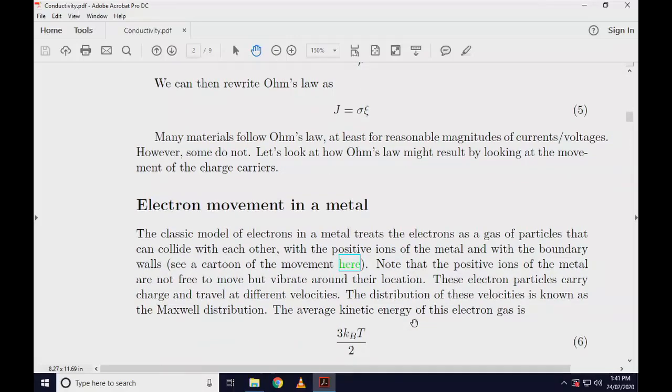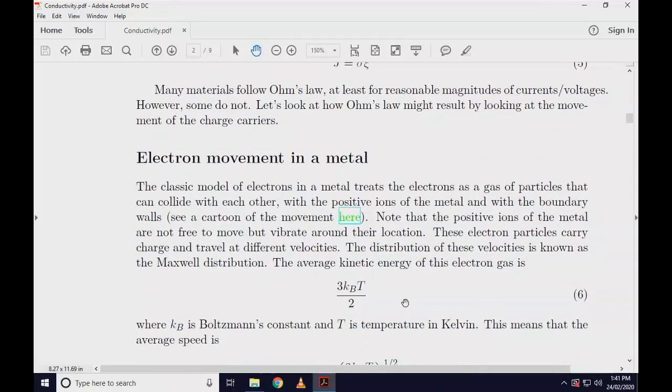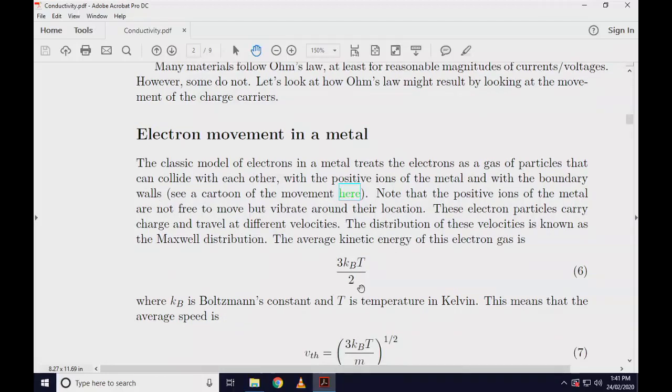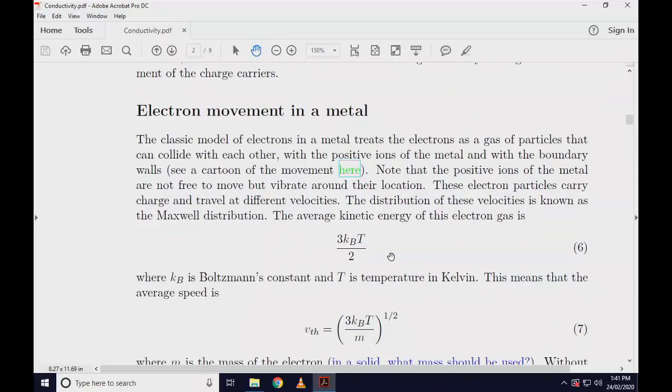Okay, so these electrons are moving around, they're all traveling in different directions, they're all traveling at different velocities, and so they have kinetic energy, and the average kinetic energy is given by this term here, where Kb is Boltzmann's constant, T is the temperature in Kelvin. So this says to me that if I heat this conductor up, then the average velocity of these electrons increases, yeah?